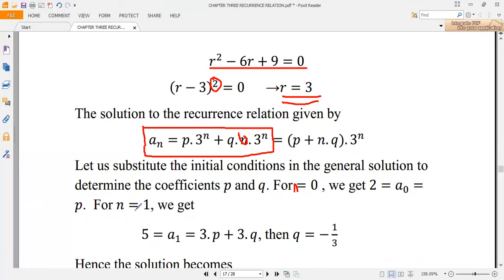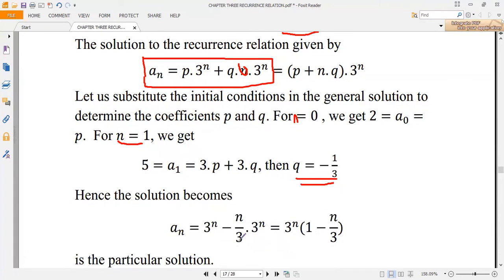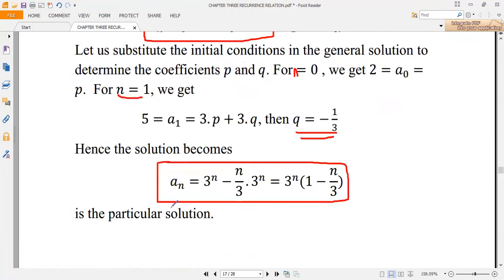Then substituting n equal to 1, we get 5, which is a_1, equal to 3 times p plus 3 times q. Substituting the p value 2 into the equation, we get q equal to 1 over 3. Here is the particular solution to the recurrence relation.